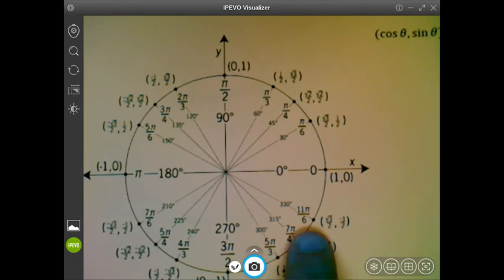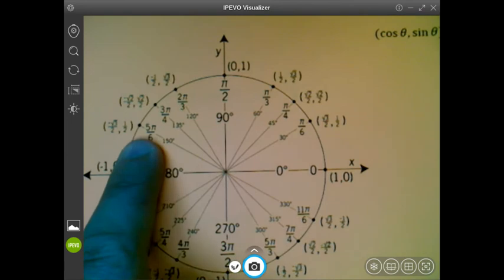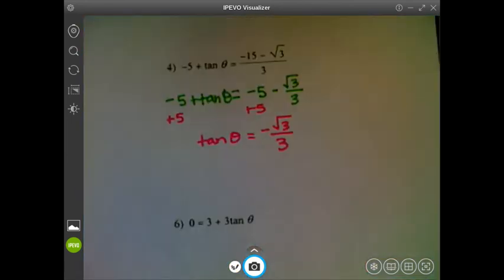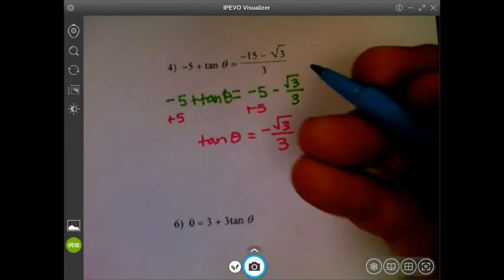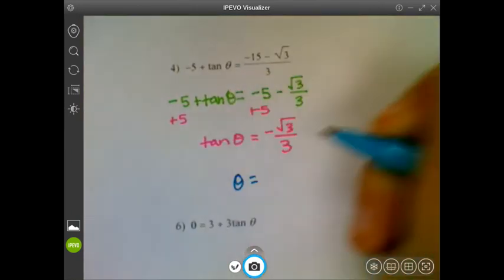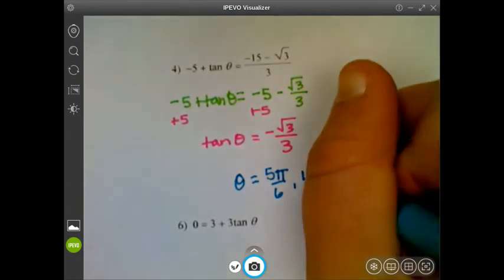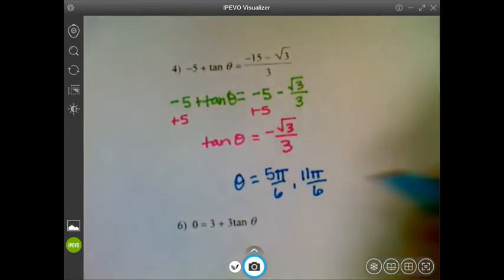And then the next one way over here, when you divide, you will get a negative there. And so that's our other answer. So it's 5 pi over 6 and 11 pi over 6. So our final solution for our angles, 5 pi over 6, 11 pi over 6.